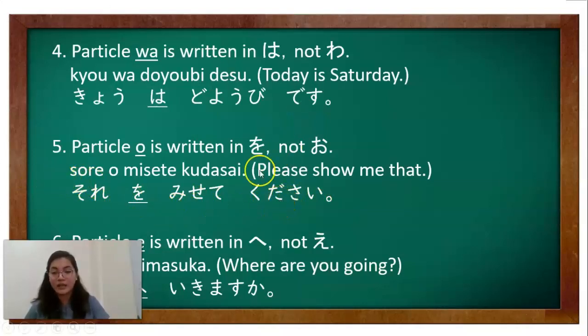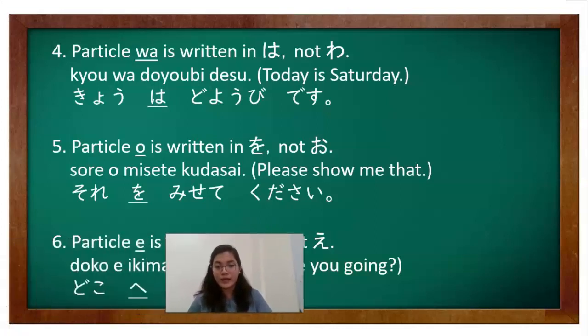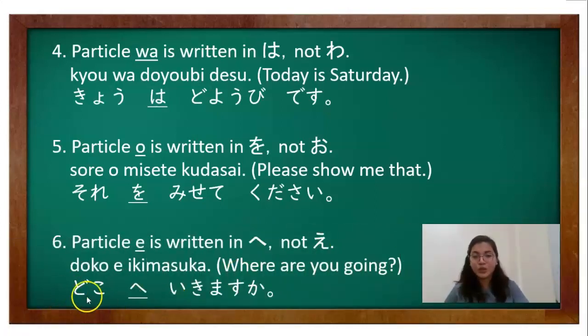Okay, so that is read as o. Next up is particle e. It is written in he, okay, not e as in the vowel, but e written as he. For example, doko e ikimasu ka?